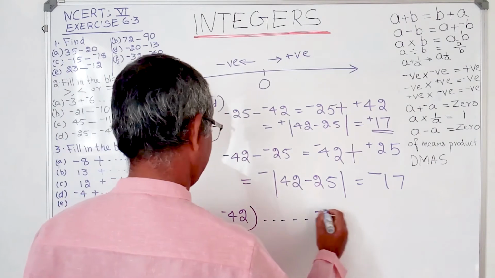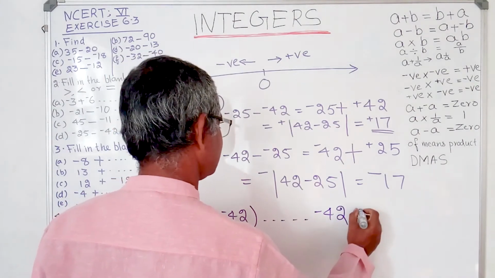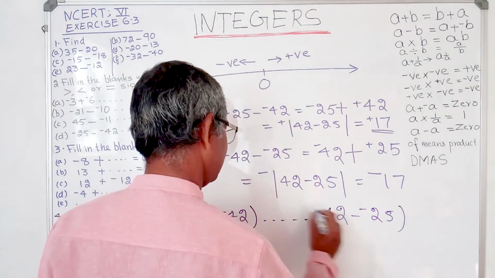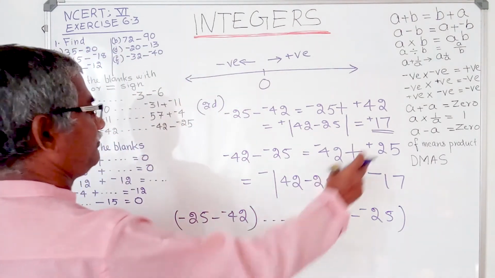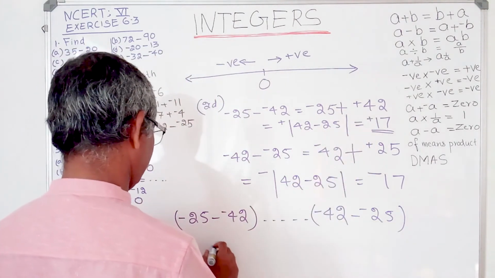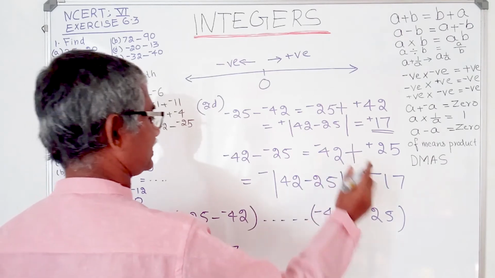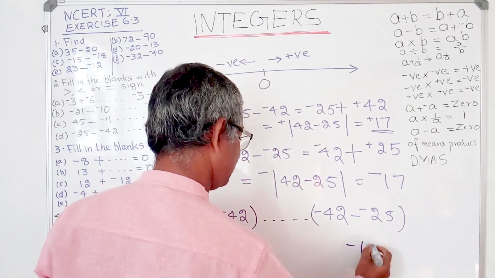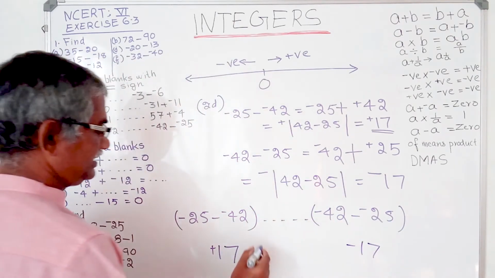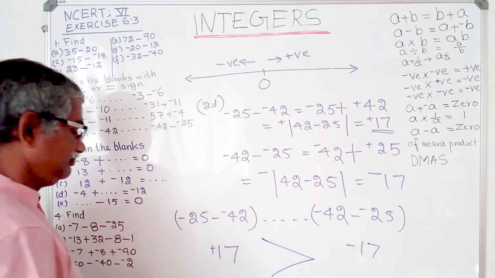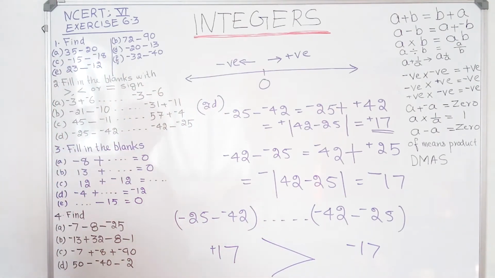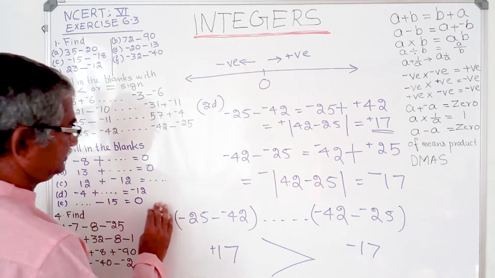Next one, negative 42 minus negative 25. This is another term. First term's value positive 17. Second term's value negative 17. Which is greater? Positive 17 is greater. Hope you can follow very easily.